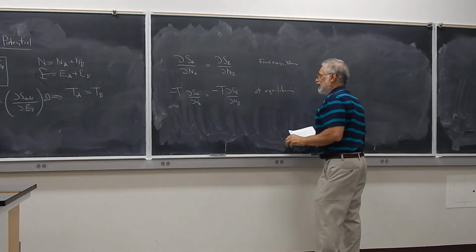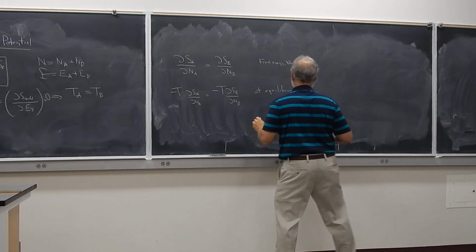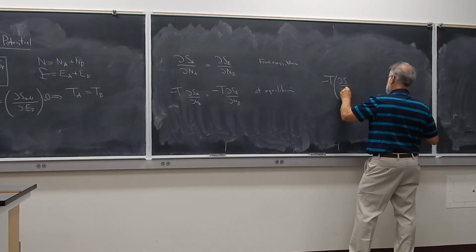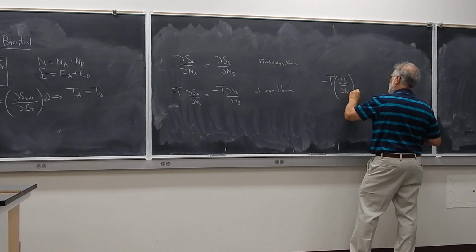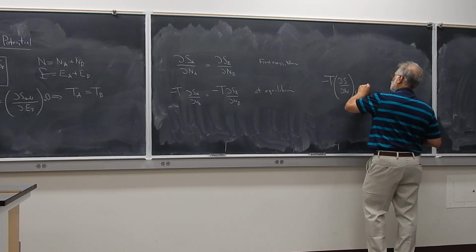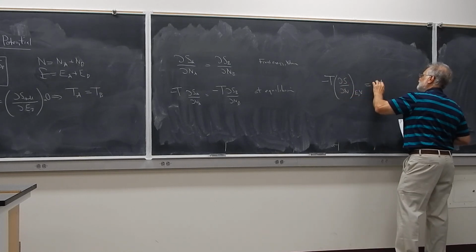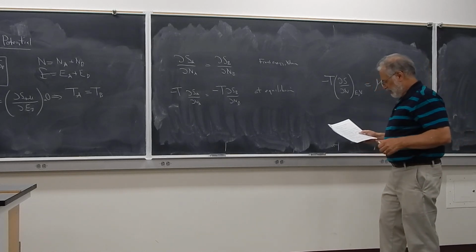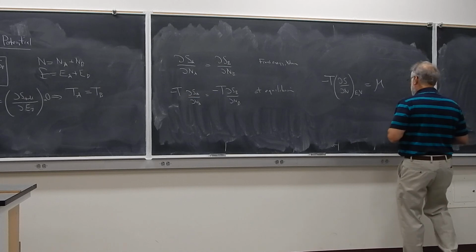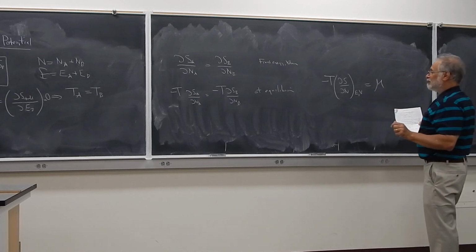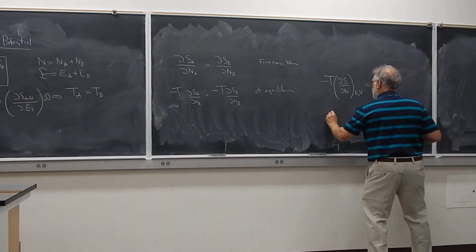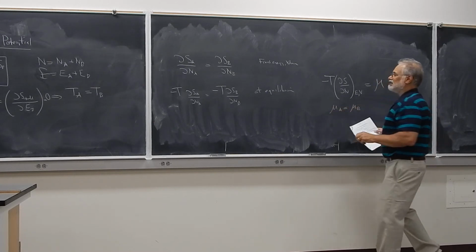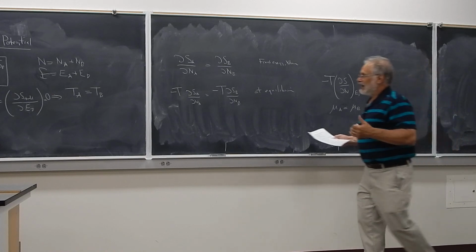And I define the quantity minus T dS/dN at constant energy and volume as the chemical potential, mu. I know we use mu an awful lot in physics. This is yet another great use for it. So in diffusive equilibrium, it must be that the chemical potential of A must be equal to the chemical potential of B.